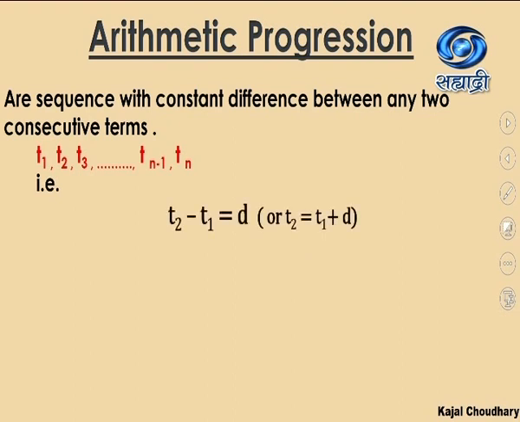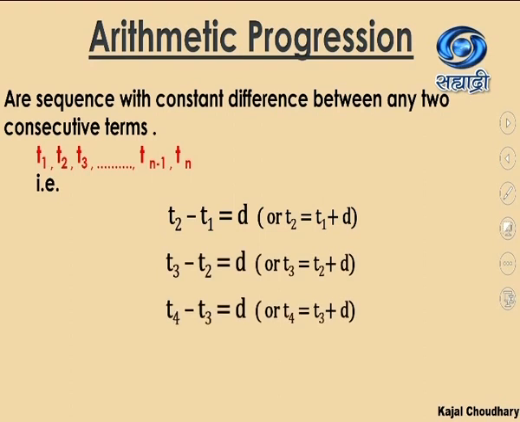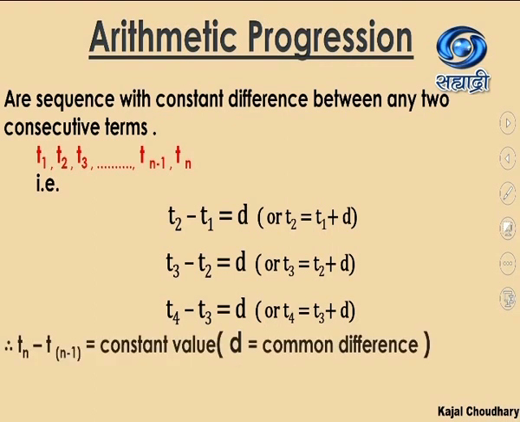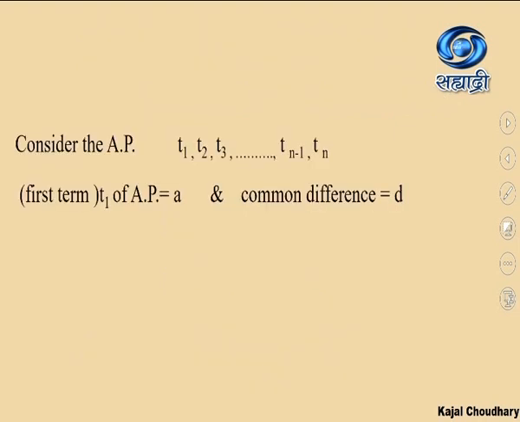When we try to find the constant difference they are talking about, for any two consecutive terms, T2 minus T1 is D, T3 minus T2 is again D, T4 minus T3 is again D. That means D represents the same constant number, which can change according to the sequence but remains the same within the given sequence. Therefore, the constant value D is also known as the common difference, which is constant or common whichever terms you choose to find the difference.